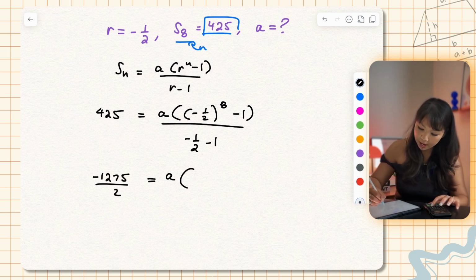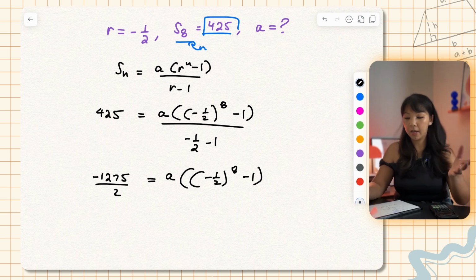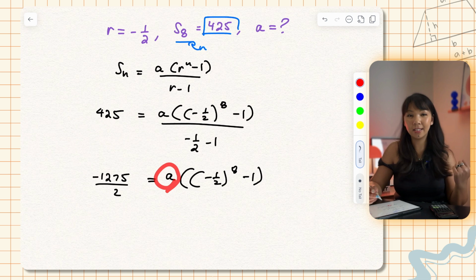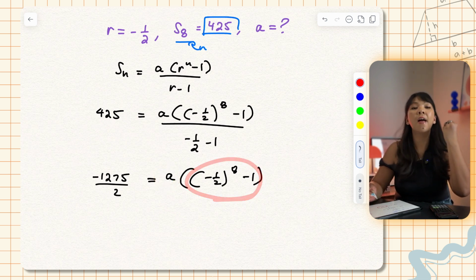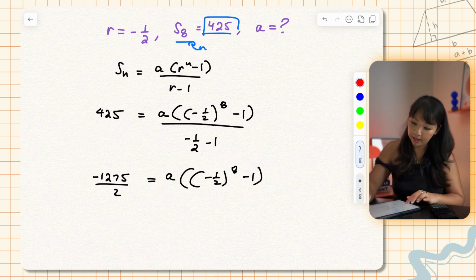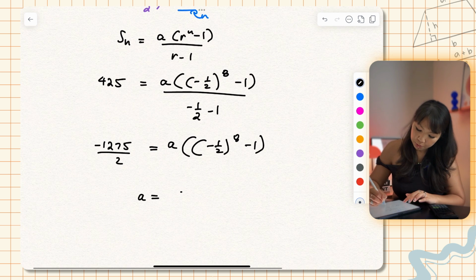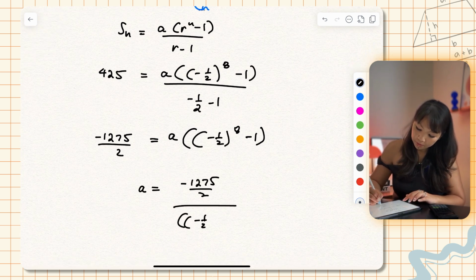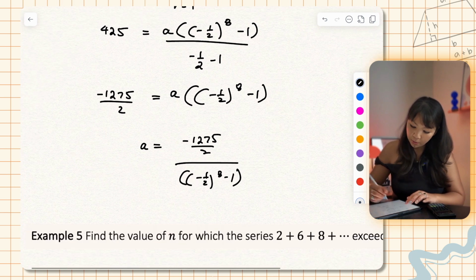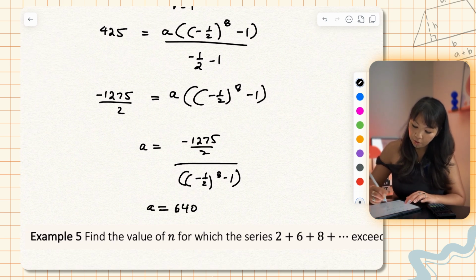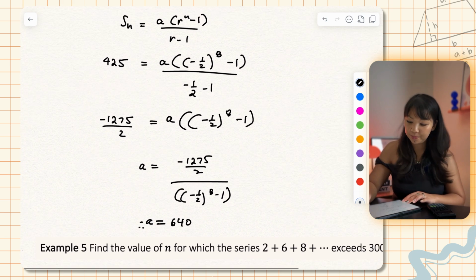And this equals A times this big bracket. Now the last step, if I want to make A the subject, I'm going to get rid of this whole thing that's multiplying the A, so I'm going to divide it. So if we divide those two big things together, we're actually going to get a lovely value of 640.